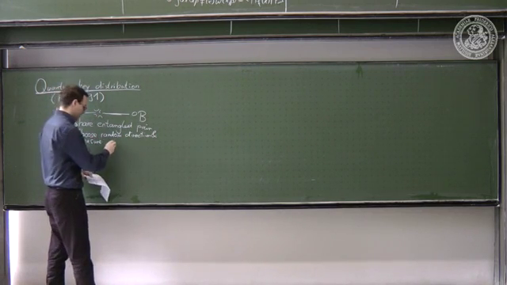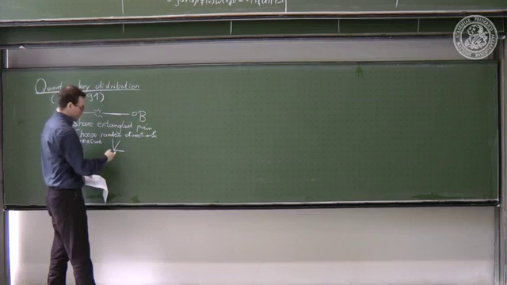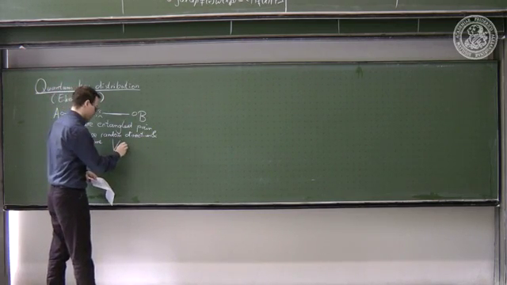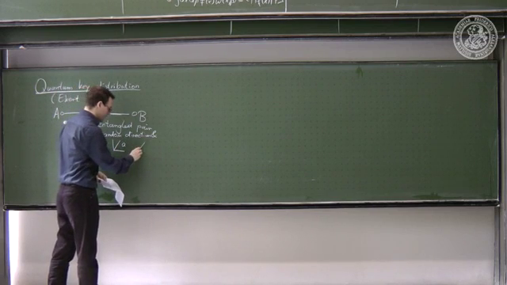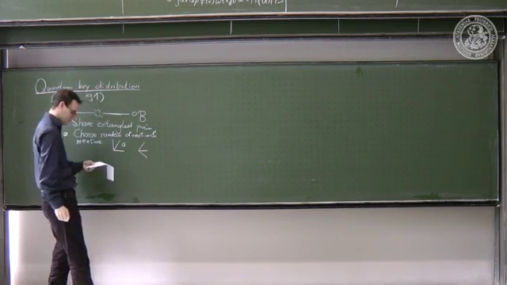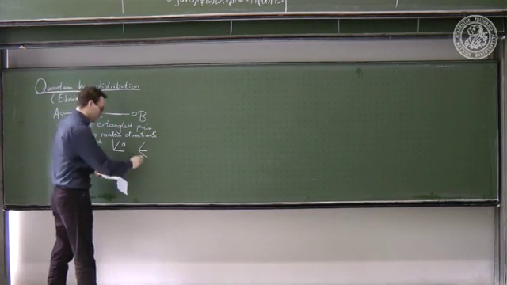And so, for example, A has 0 degrees, 45 degrees, 90 degrees, and B has 45 degrees, 90 degrees, and 135 degrees.